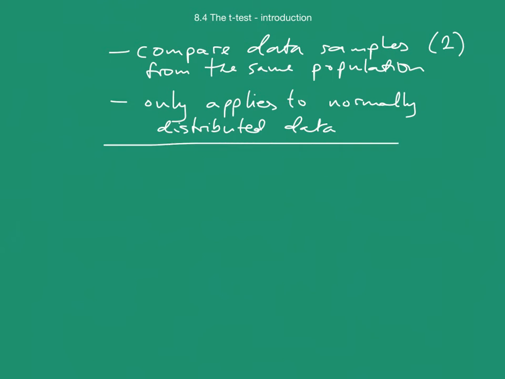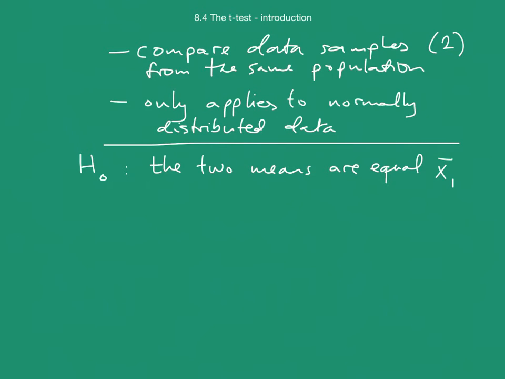Just as with a chi-square test, we set up hypotheses. So the null hypothesis is going to be that the two means are equal. And we can also write that like this.